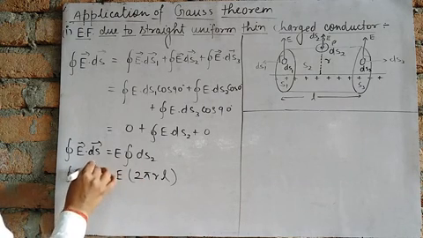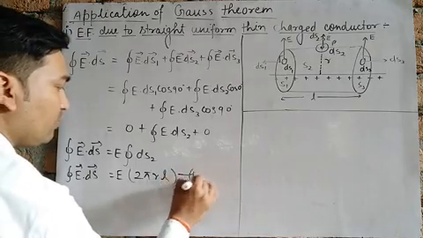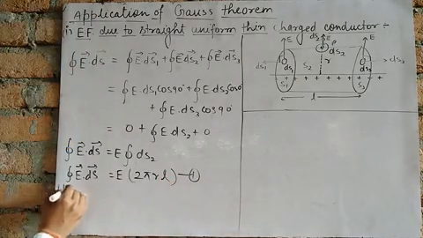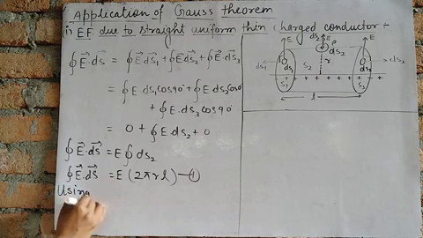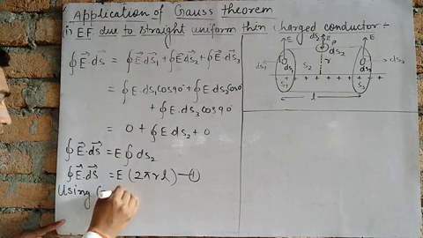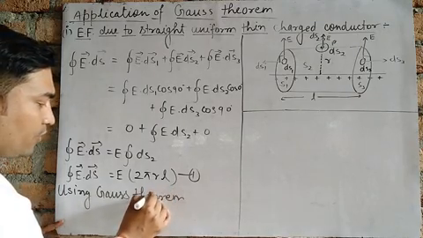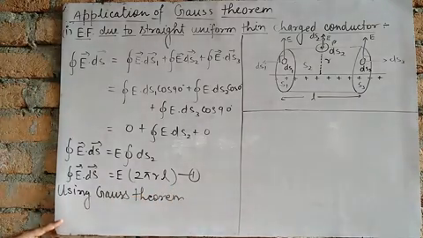E dot ds is equal to, this is equation 1. Now using Gauss theorem, what is Gauss theorem?